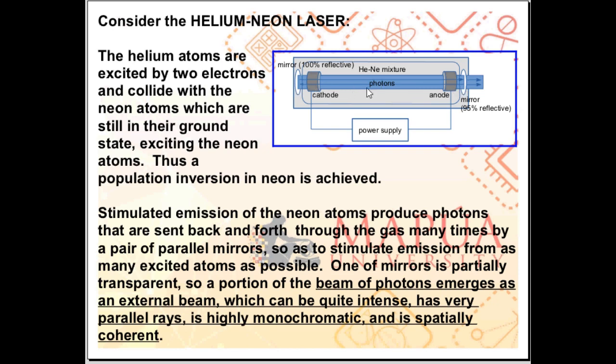The helium atoms are again excited, which collide with the neon atoms, exciting them. Then the neon atoms are stimulated to emit photons. So you get more and more photons bouncing back and forth between two mirrors. One of the mirrors is only partially reflective, meaning some of the photons are able to pass through the mirror, and that's the beam of the laser that we see.